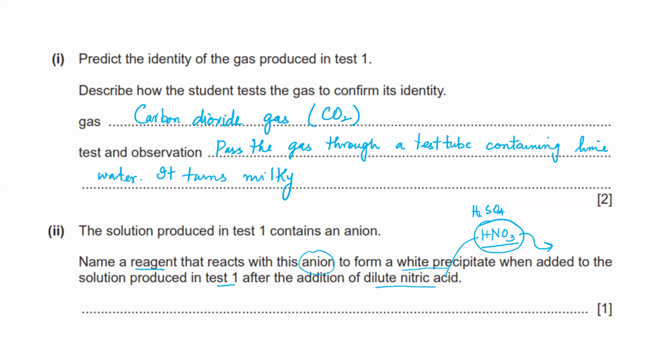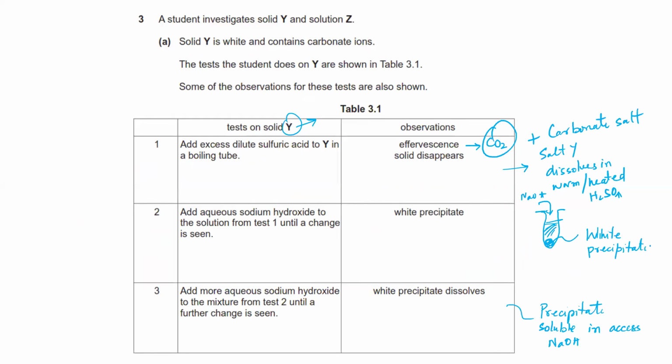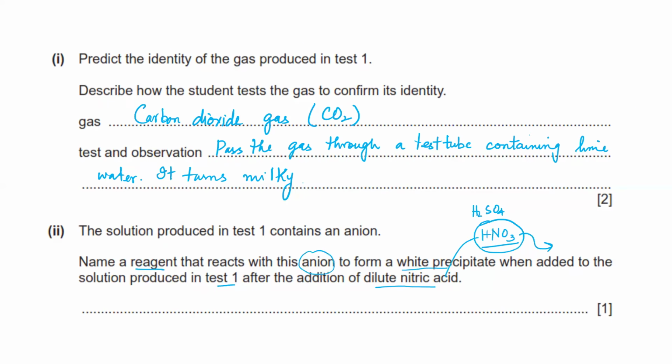Remember, generally all nitrates are soluble. For a white precipitate, you can look at the last two pages, page 15 and 16 of your exam paper.